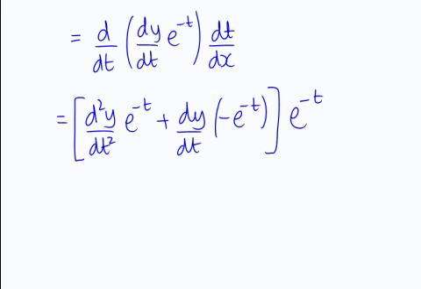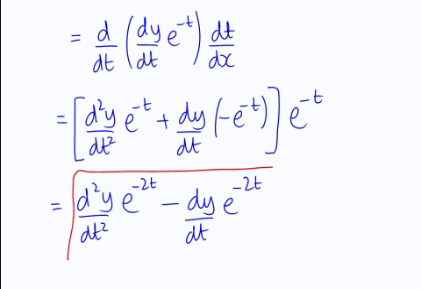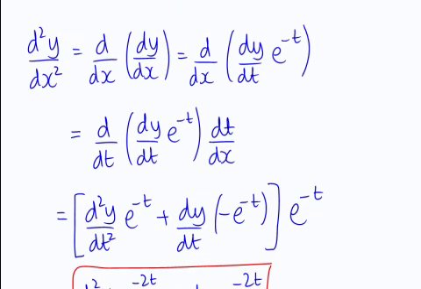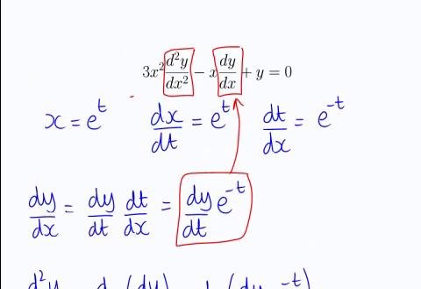So let me just simplify this. I've got d2y by dt squared, and an e to the minus t multiplied by another e to the minus t, so that's an e to the minus 2t, and similarly with the dy by dt. So that whole expression is equal to d2y by dx squared, and if we go back up you can see where it's going to be inserted. I'm going to be replacing this term here by it.